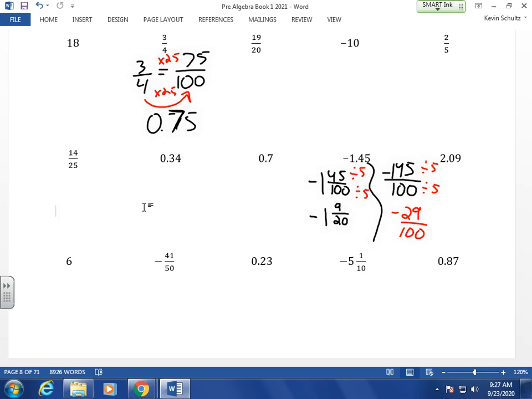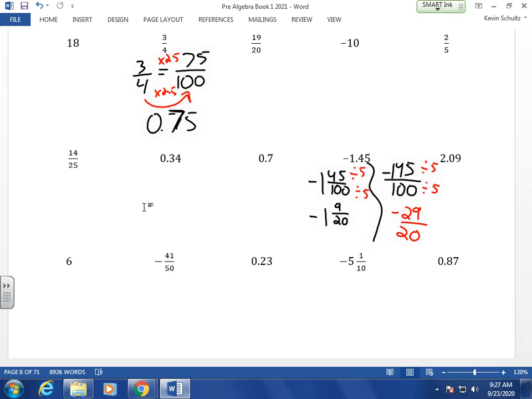Or I'm sorry, not 100. Oof. When you see I make a mistake, stop me. Okay? -29/20. Those are equivalent values there. One is a mixed number, one is an improper fraction. Either answer is okay, right? If you're more of a mixed number person, then mixed number answers are just fine. If you're more of an improper fractions person, improper fractions are just fine. Okay?